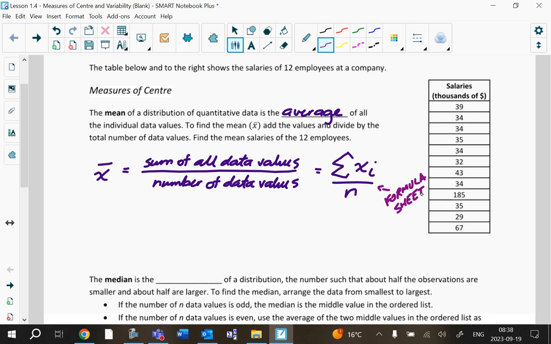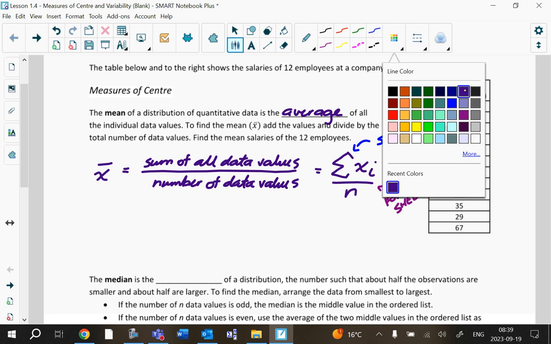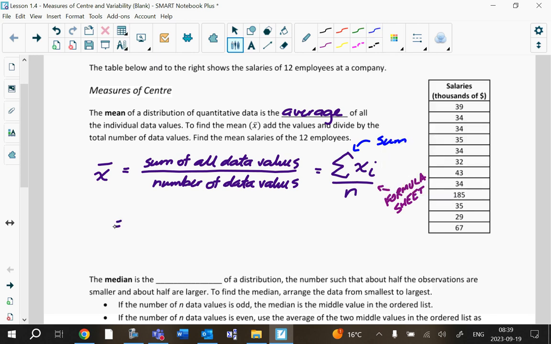This symbol here just means sum. It's the capital Greek letter sigma. So all it means is we're finding the sum of all the data values divided by how many there are. So in this example, to find the sum of all the data values, we would have to add all these numbers up and divide by 12.